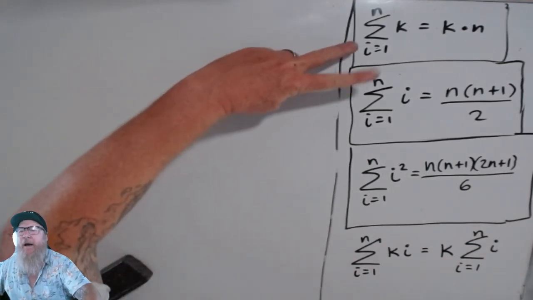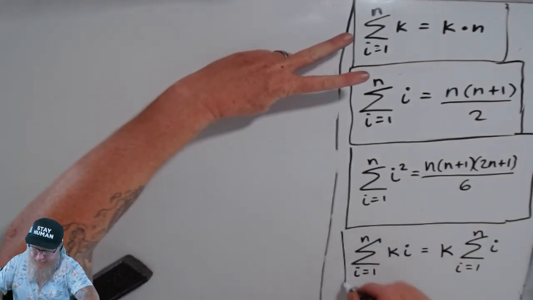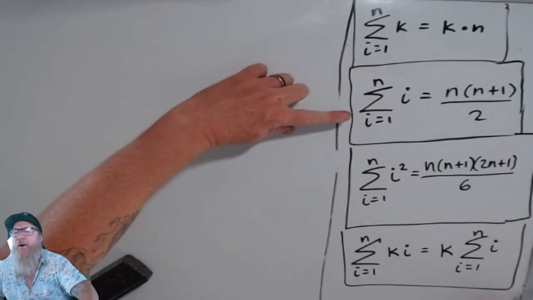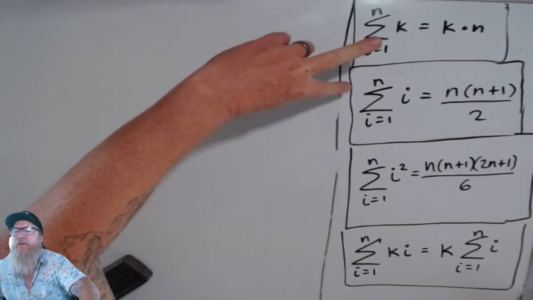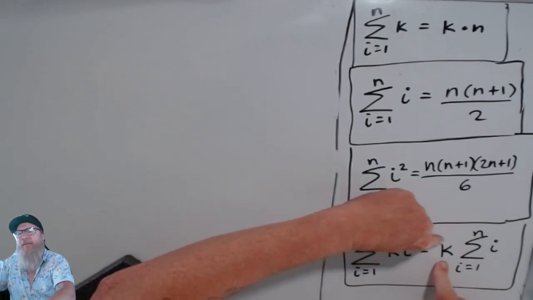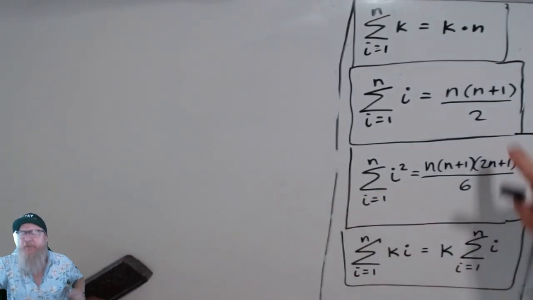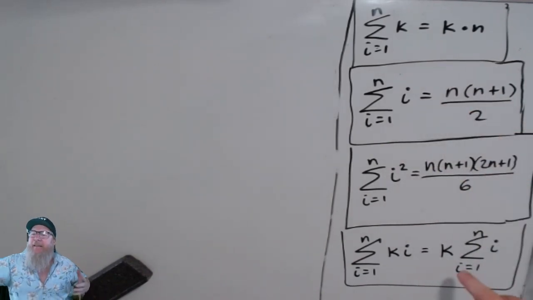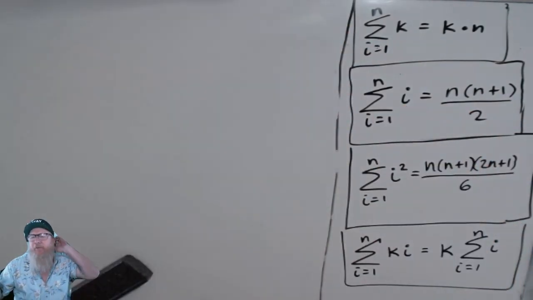So in other words, if you had a combination of the first one and the second one, you don't have to do the formulas twice. You could just remove the constant, put it out in front, and then do the formula for the index, and that will give you the same result as the two formulas combined.